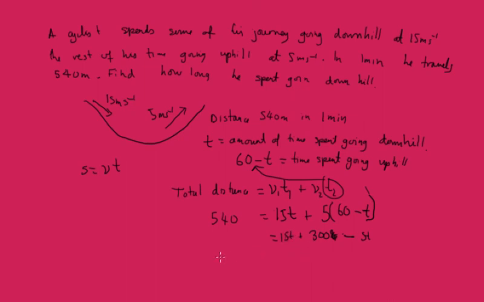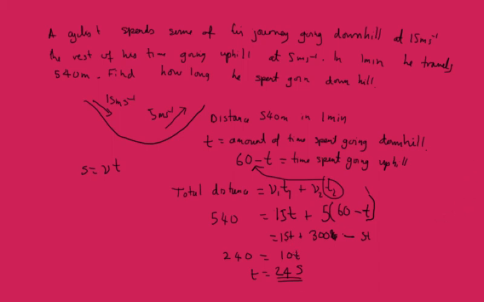So now we're going to bring the 300 over here, so it's going to be 240 equals 15T minus 5T, which is 10T. So T must equal 24 seconds.